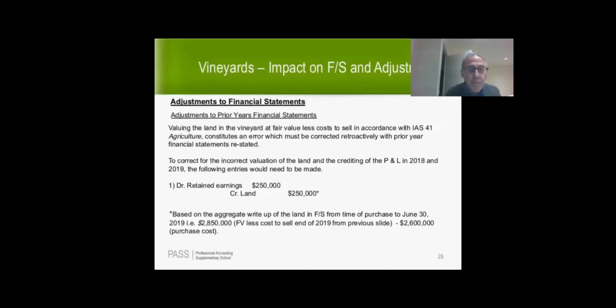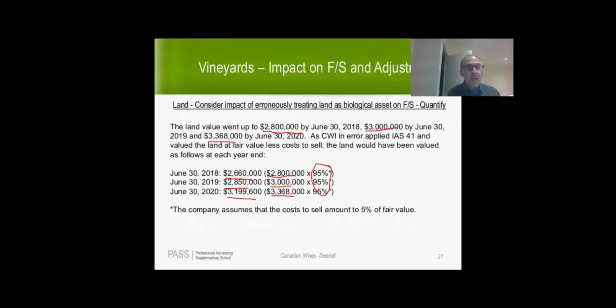Guys, listen carefully. What the company would have done in 018 and 019 is they would have written up the land, right? So if you take the date of purchase, the cost was 2.6 million. If we go back to this table right here, by the end of 019, the value of the land, fair value less cost to sell, is 2,850,000.